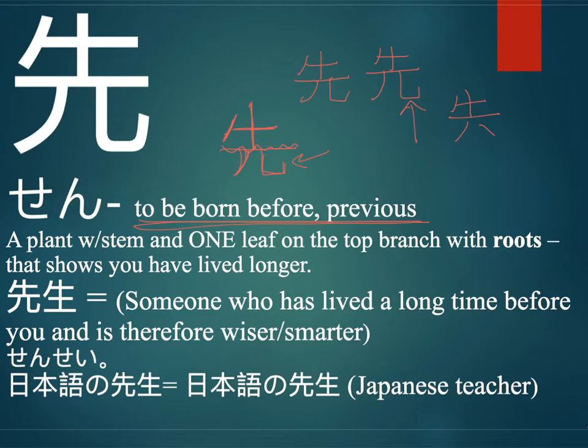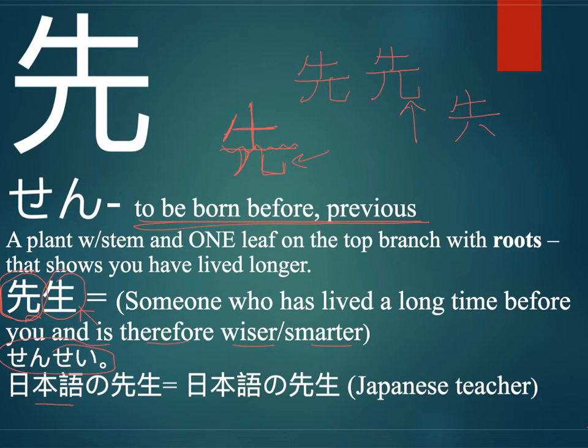And the kanji that we're looking at today is sensei. So recall that sen means to be born before or previous, and sei means to live. So someone who has lived a long time before you, therefore is wiser and smarter, and is perhaps a teacher.